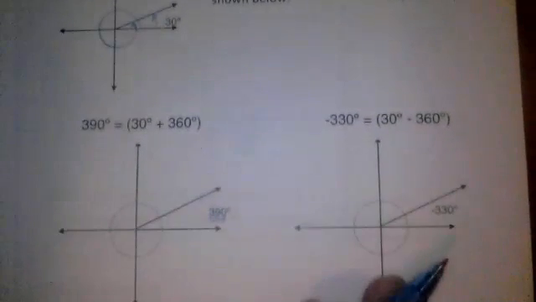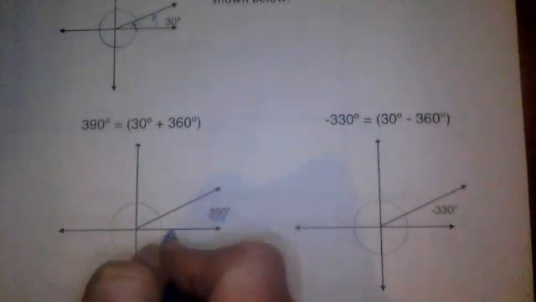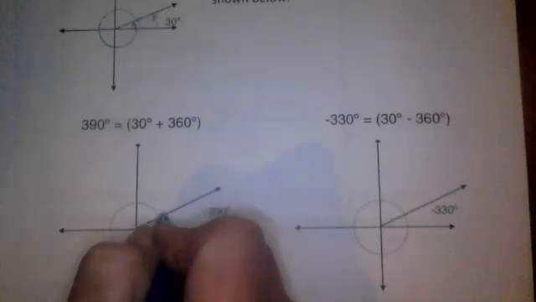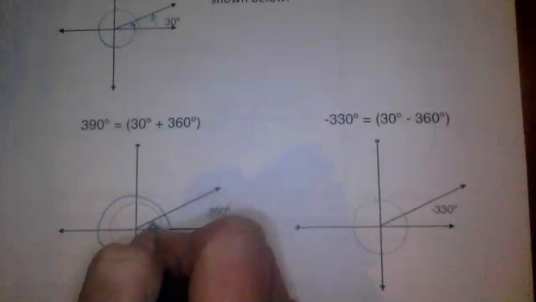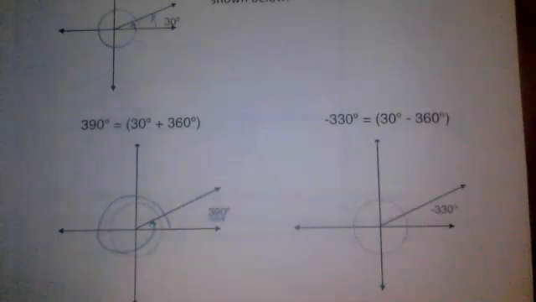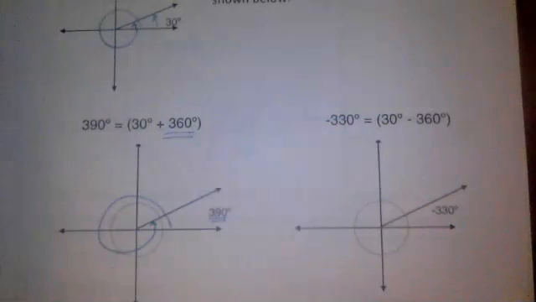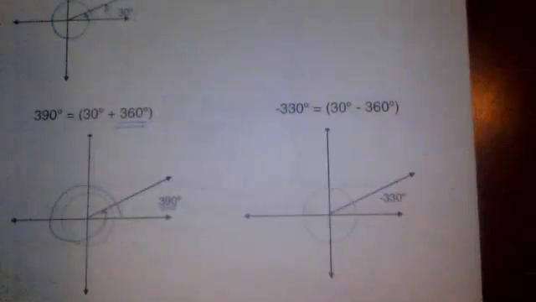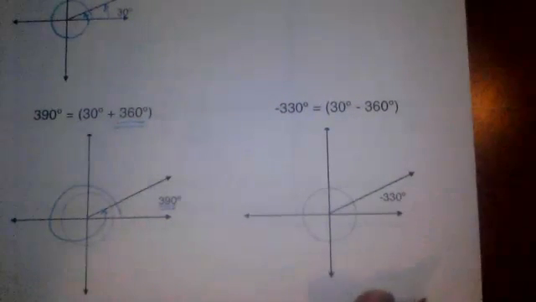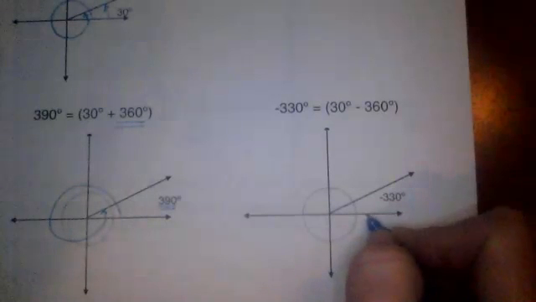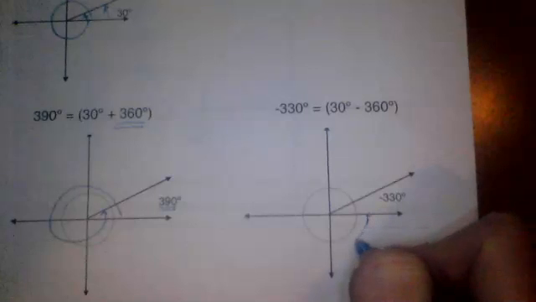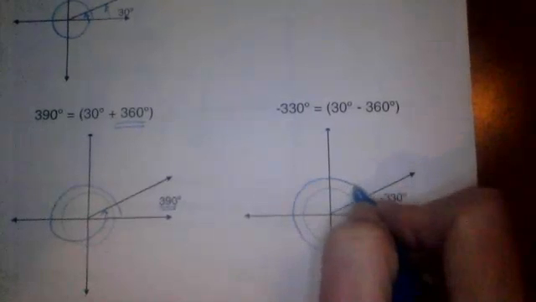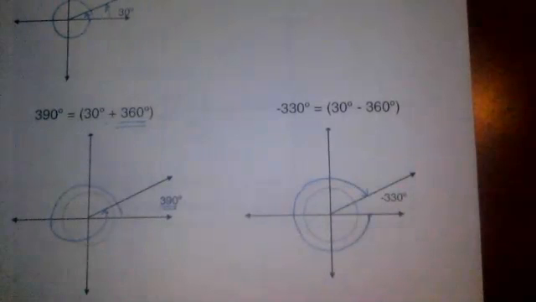390 degrees is going to end in the exact same place as 30 degrees because what we're doing is spinning around, starting on our initial side, spinning around, full rotation back to that terminal side. So we're really just adding a full circle to it. And we could do the opposite of that as well. We could start on this initial side and go backwards to get to that terminal side.